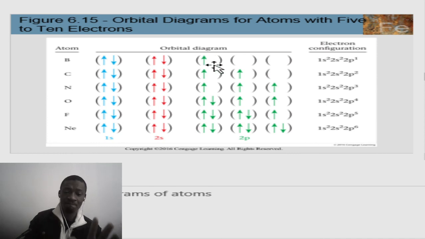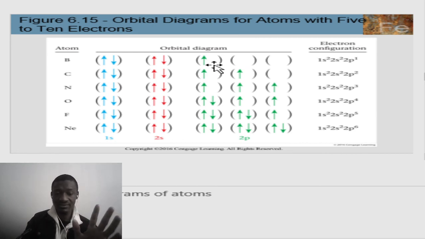Notice that this is already done for boron. For carbon, you add one more, and look very closely. Carbon is tetravalent, meaning it needs 4 electrons to complete a bond, to be covalently bonded and stable. If you count how many electrons should enter these boxes to complete it, you'll see that it's 4.